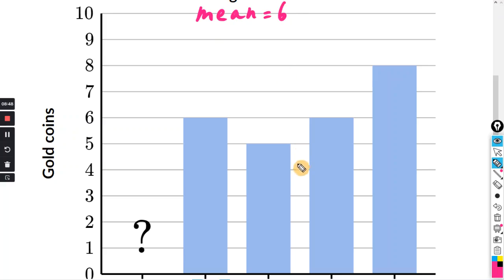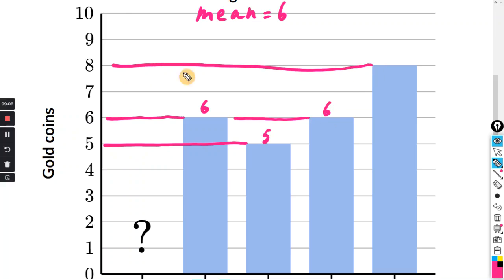Let's see. For this one here, he or she found 6 coins. For this one here, he or she found 5. This one here, same as the 6. And this one here found 8.